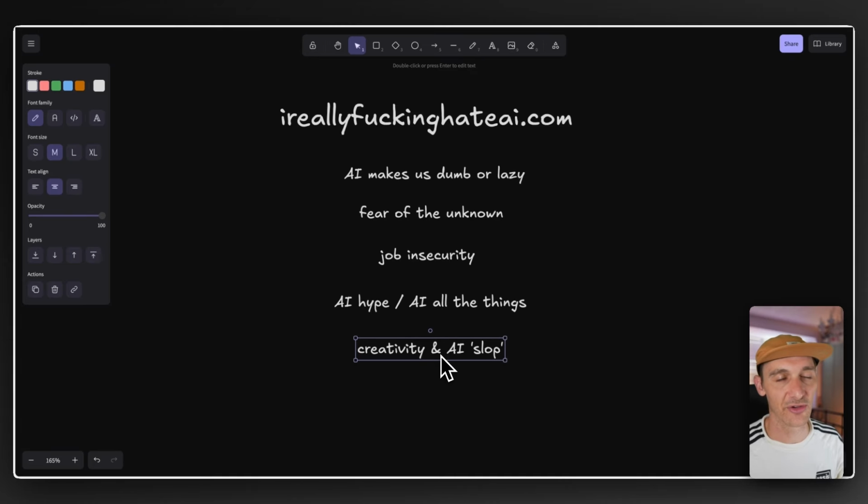Creativity and AI slop. This is the abundance of low effort, lazy, creative tasks that are effectively stealing work. AI isn't just generative AI. It's not just creating images. It's actually a research tool that can identify patterns and things like that.